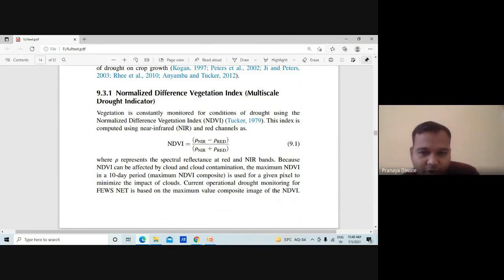Vegetation is constantly monitored for drought conditions using the NDVI. This is the formula for the NDVI, using the NIR band and the red band. So these are all the definitions.